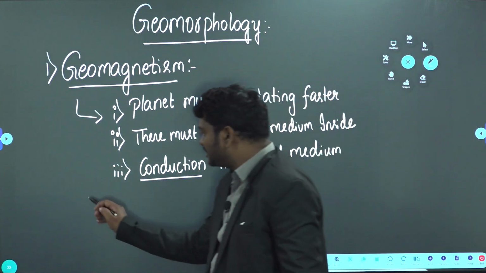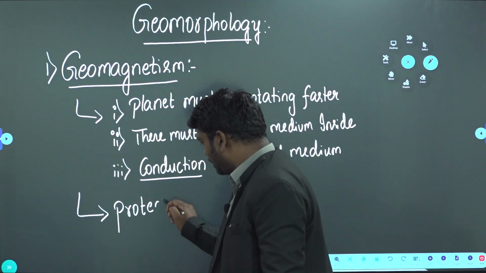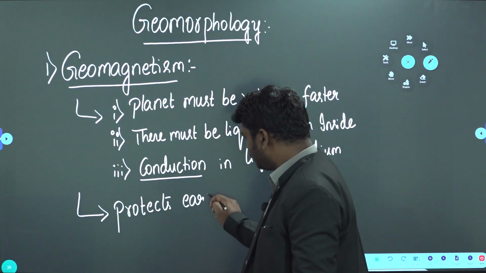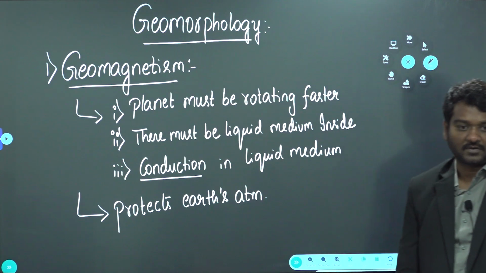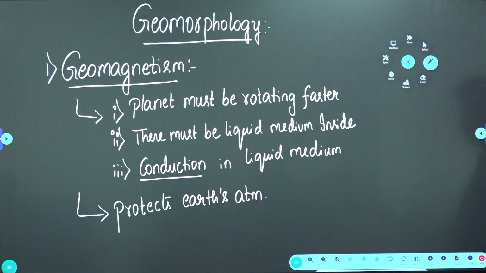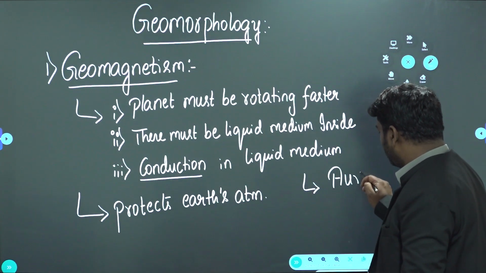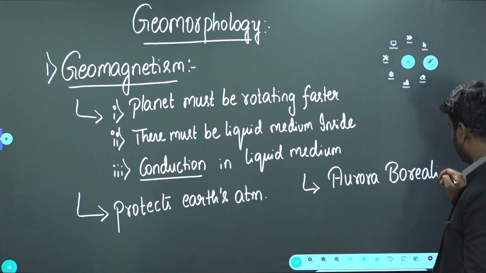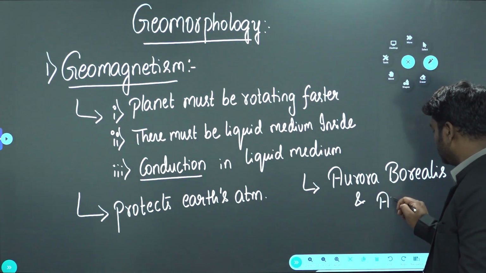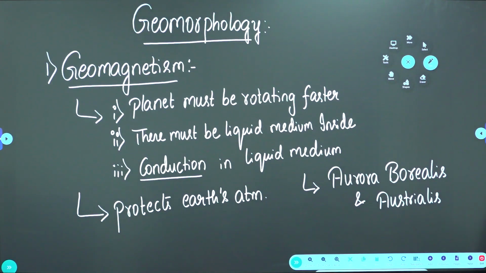And what are the benefits of geomagnetism? It protects Earth's atmosphere. Today, Earth's atmosphere is protected by geomagnetism, and whatever you call Aurora Borealis, Australis is associated with geomagnetism, right?